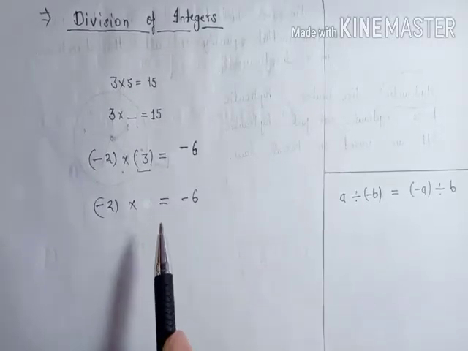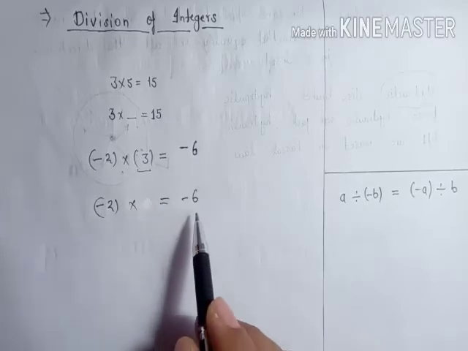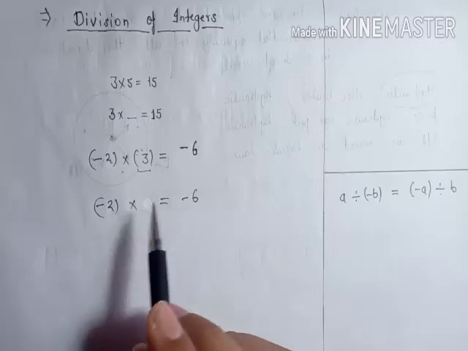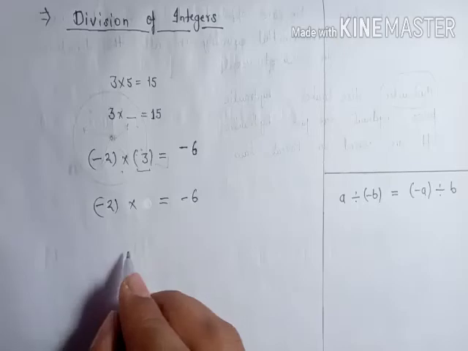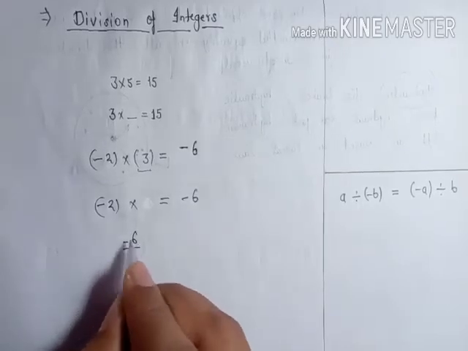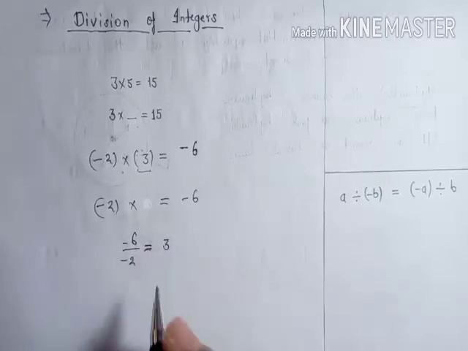And if you have to get the number, what should be written here so that the multiplication of these two numbers is minus 6, you have to divide this minus 6 by minus 2 and check. In that case your result will be what? This is minus 6 divided by minus 2 and you know that the result is 3.